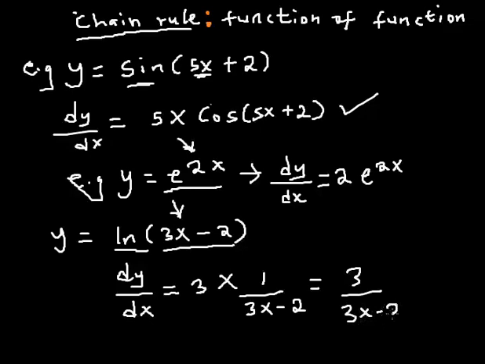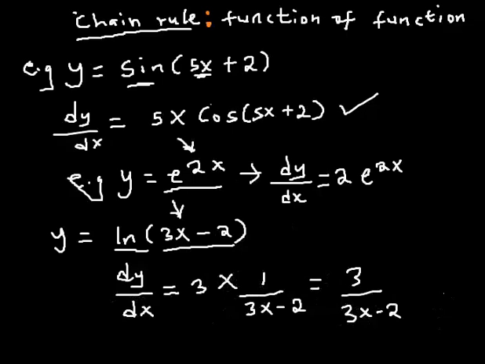So without applying the long process of the chain rule, without going through splitting the function into u and y and then differentiating them separately, I can actually do this in just one line, and it shortens my solution.